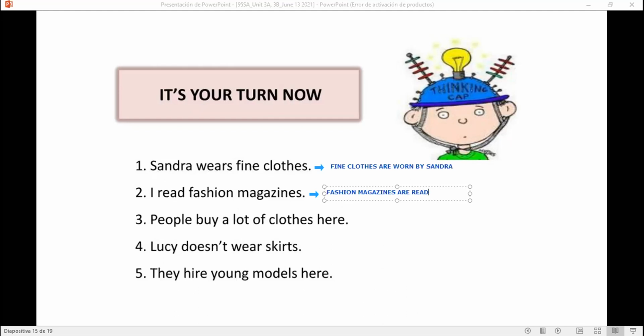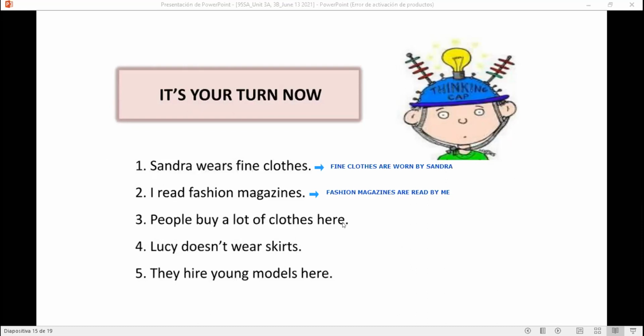Cuando ustedes escuchen, no van a escuchar read con una I, sino más bien con una E, como el sonido del color rojo, ¿no? Fashion magazines are read by by me, teacher. By me, exactly. Thank you. So fashion magazines are read by me.